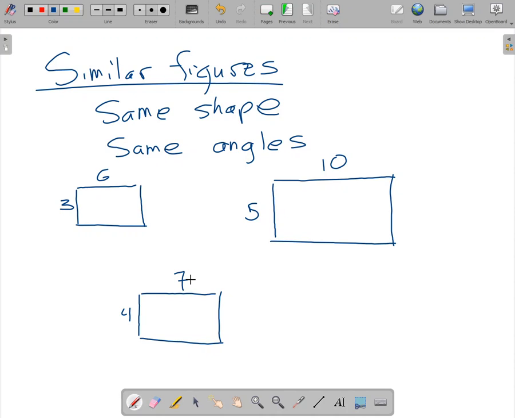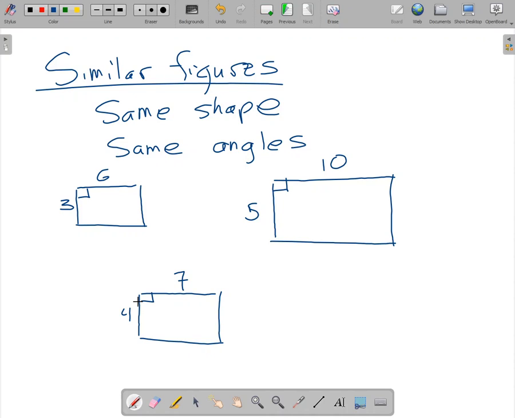Are any of these shapes similar? Now, I'm trying to make rectangles. So that means I've got a bunch of right angles going on. So are any two rectangles the same shape?